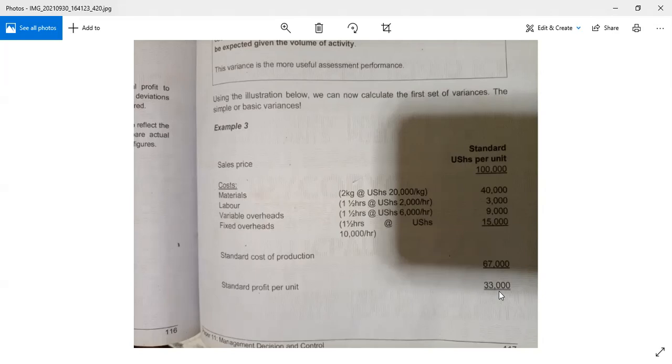Remember they told us that for the sales volume profit variance, we multiply the difference between the budgeted and actual volume by our standard profit per unit. So that is where we shall use that profit. Once we have that, ours is to look at the next part of the question.